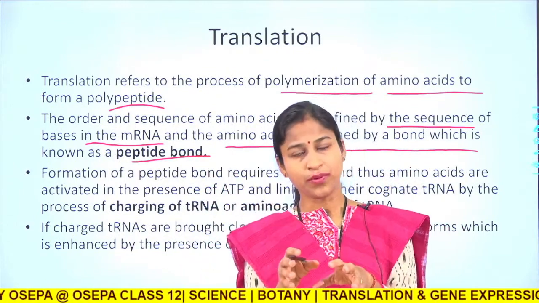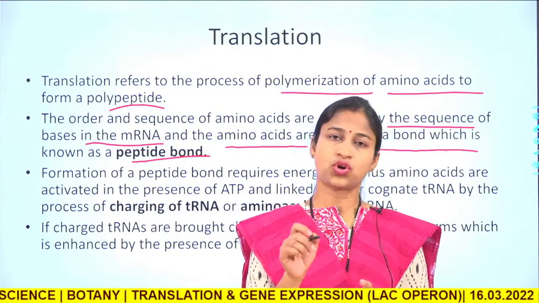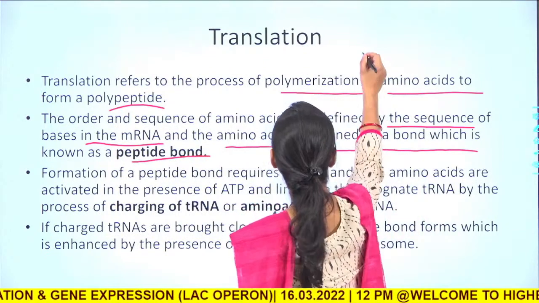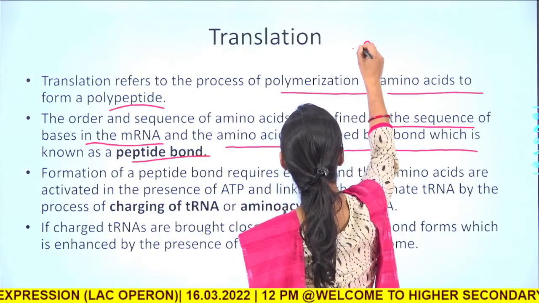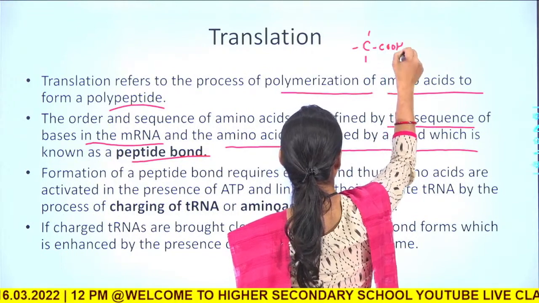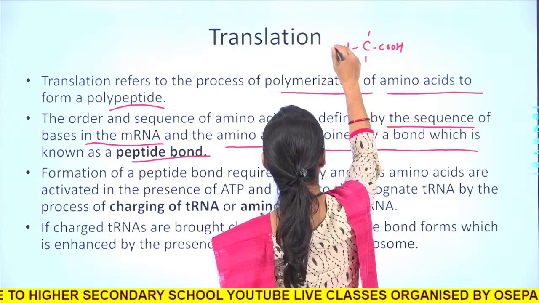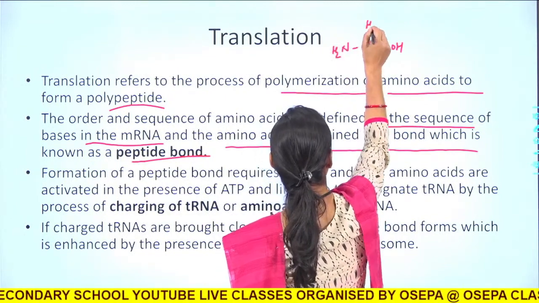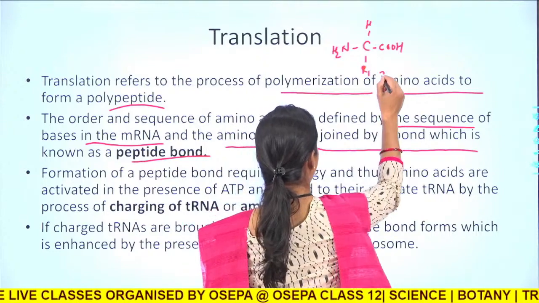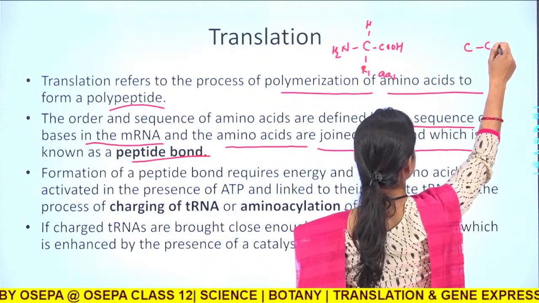The structure of amino acid we discussed in the last class: there is a centrally placed carbon, bonded to a carboxylic group, an amino group, an H atom and an R1 group. If this is amino acid 1, then we have another amino acid.